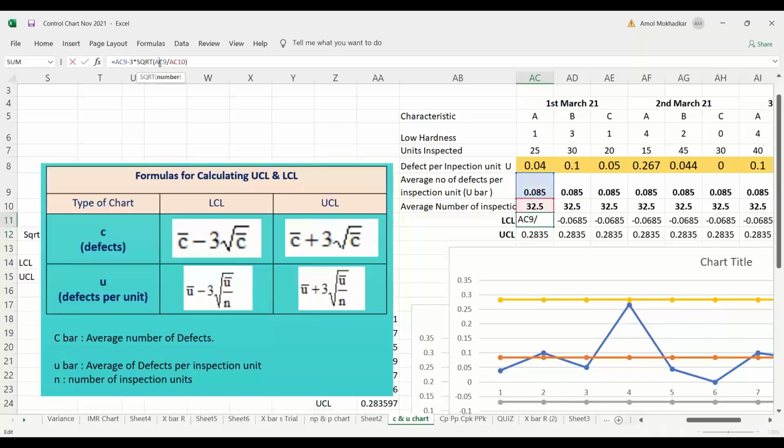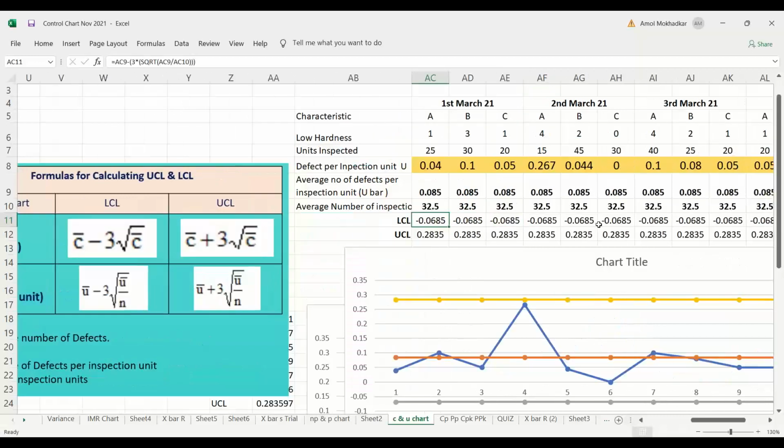This is the value. Let me check if there is any problem in the formula. So it is the same, so there is no problem in the formula. So the LCL is minus 0.0685, and what about the UCL?